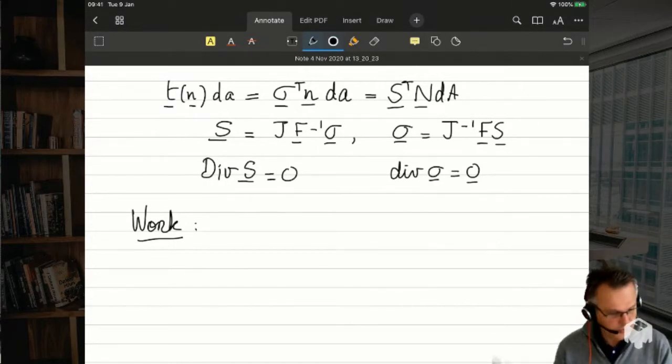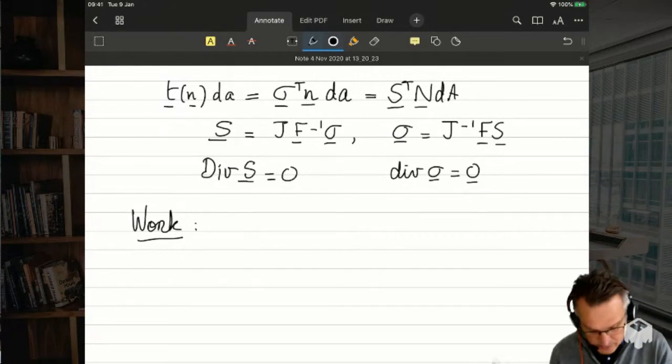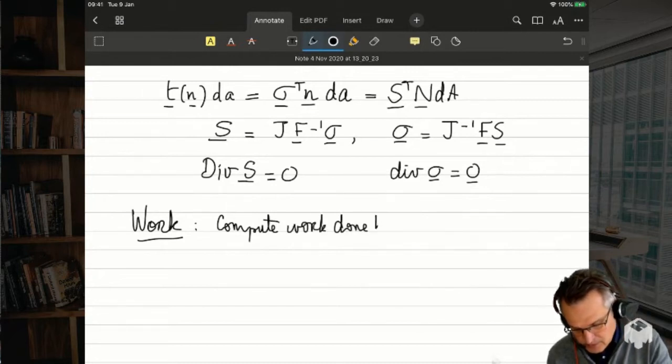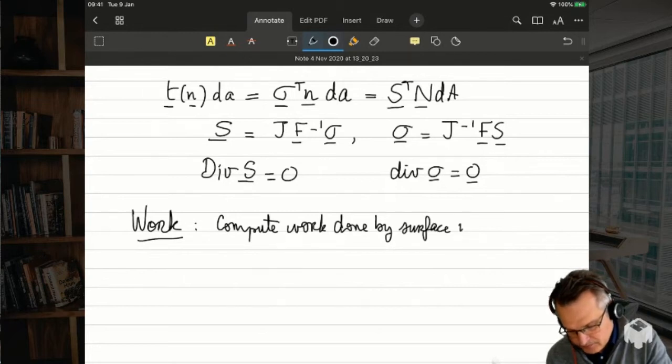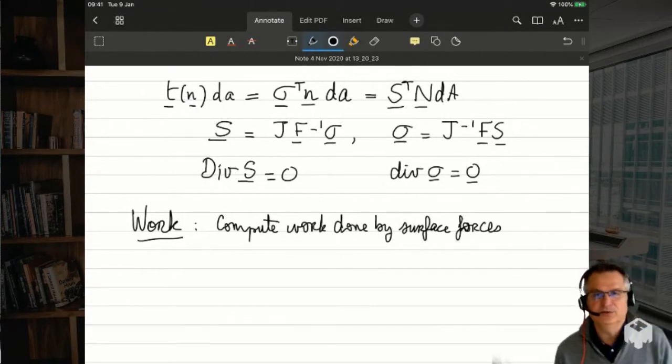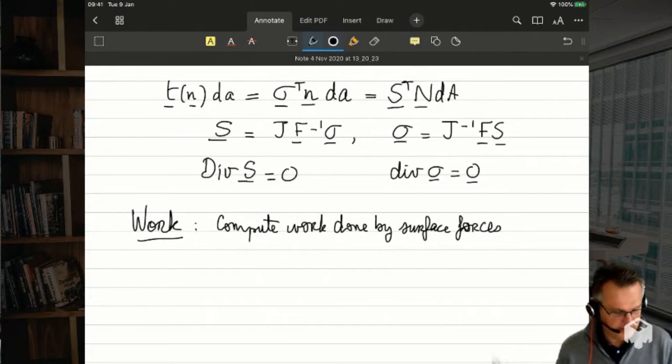So we're going to compute the work done by the surface forces, because in this course we don't consider body forces. We're not concerned with gravity or electric or magnetic forces and so on.